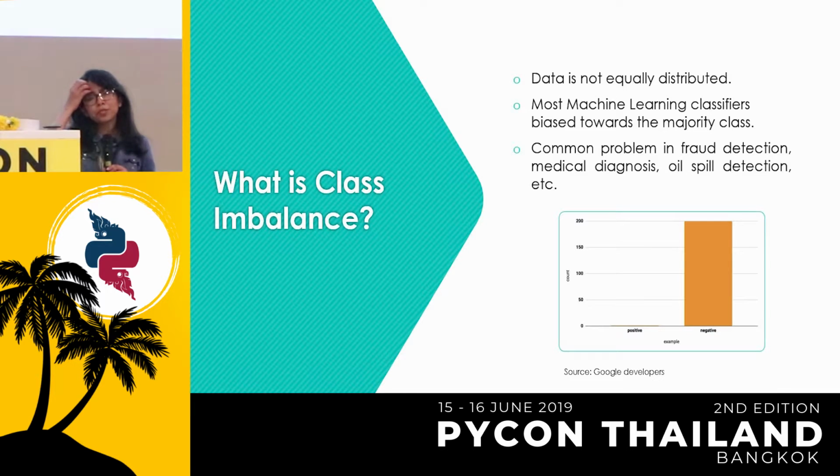because the most common problems in applications like fraud detection, medical diagnosis, or for example oil spill detection are very highly imbalanced. Usually for this type of data, we have a very large negative class and a very small positive class.